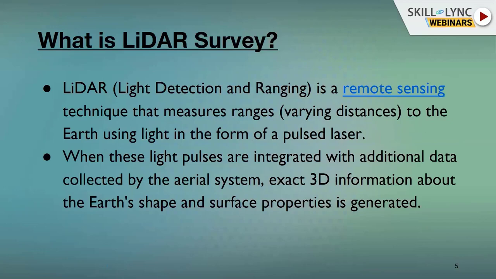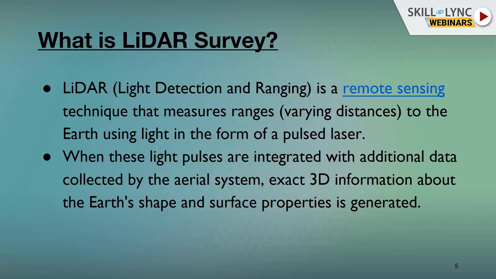As I said about LiDAR, it is light detection and ranging. It's a remote sensing technique that measures ranges to the Earth using light in the form of a pulsed laser. When these light pulses are integrated with the additional data collected by the aerial systems, exact 3D information about the Earth's shape and surface properties is generated.